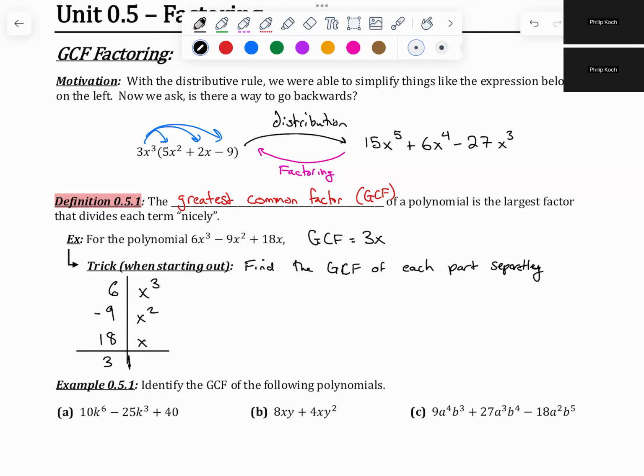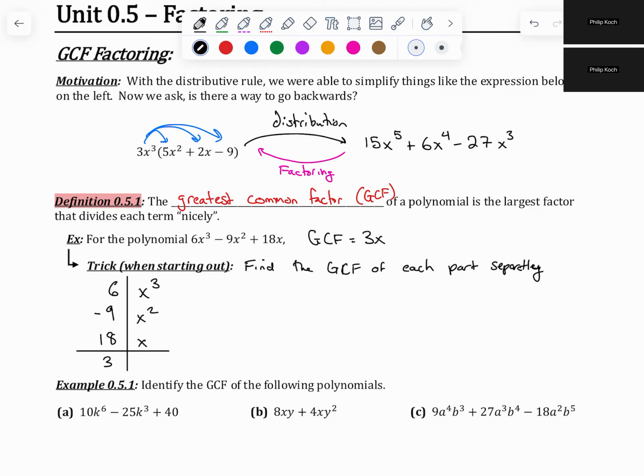One thing that is a little more challenging at first is the variable portion. What power of x will go into all of them? We already know the answer is 3x. You choose the smallest power that you see, because the smallest power is the one that goes into everything. x cubed goes into x cubed, but it doesn't go into x squared nicely.